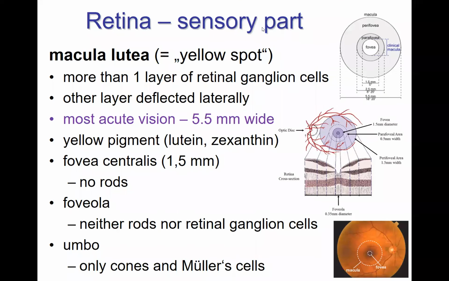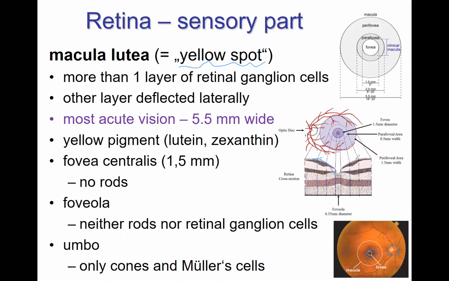The other important landmark here is called the macula lutea, or colloquially the yellow spot. We can see it's located laterally to the blind spot or to the optic disc. It is important, as you can see here, that the more superficial layers are deflected laterally.